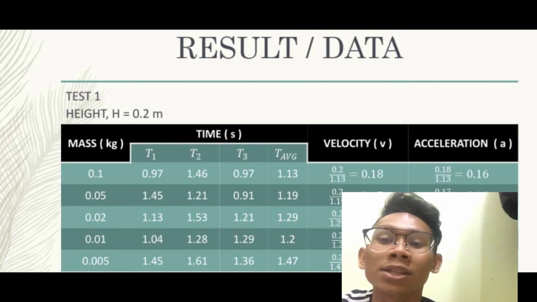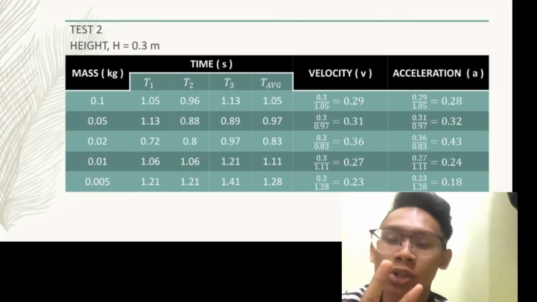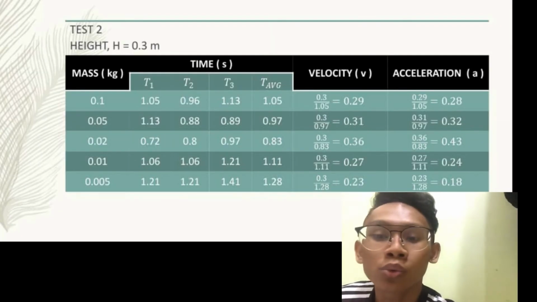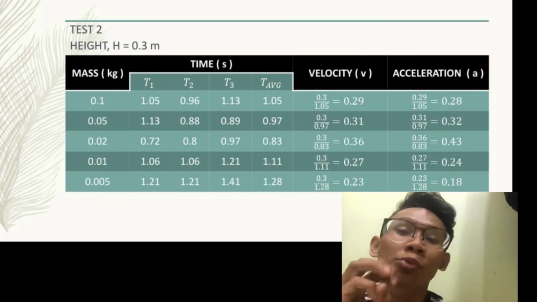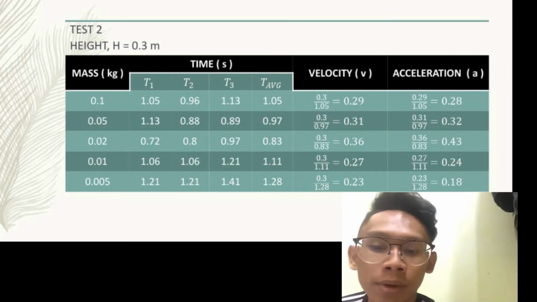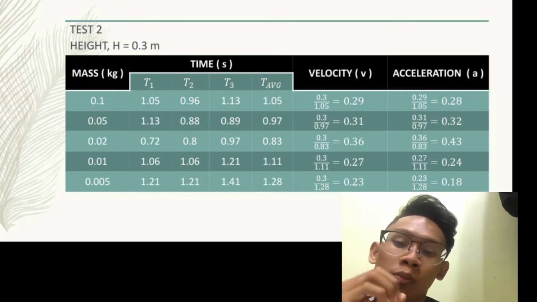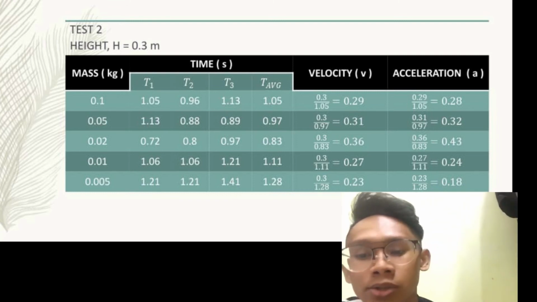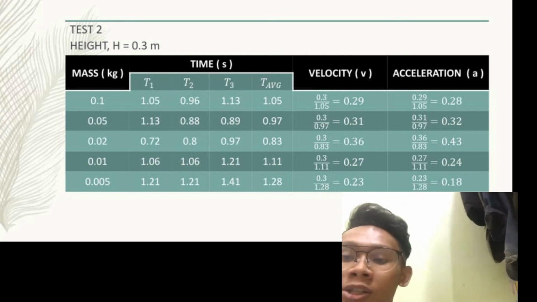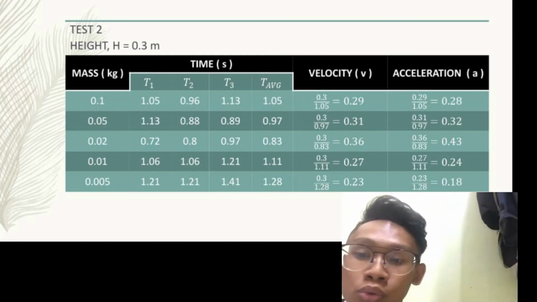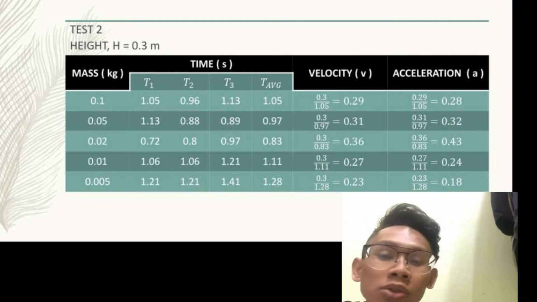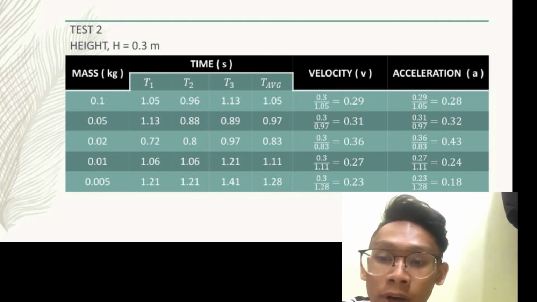So for test 2, we will use a height of 0.3 meter. For mass, the same as test 1: 0.1, 0.05, 0.02, 0.01, and 0.005.